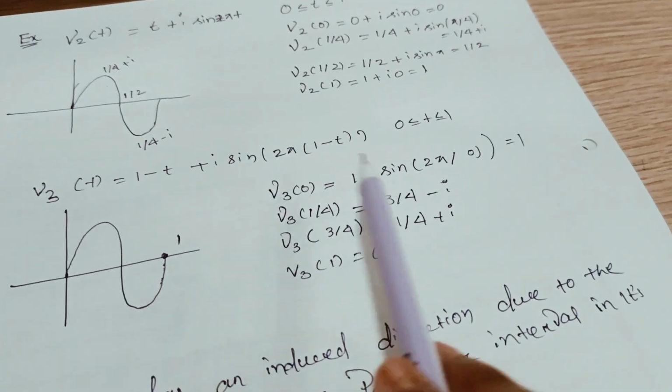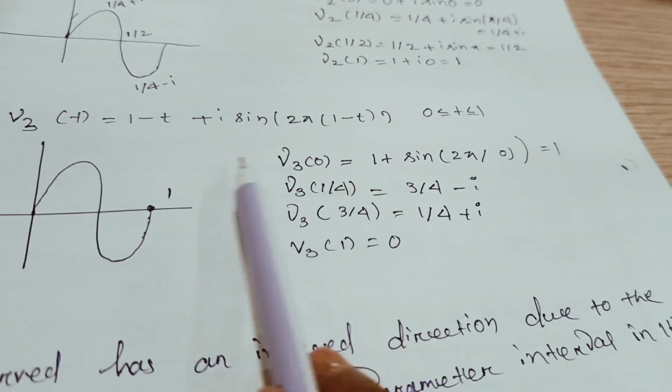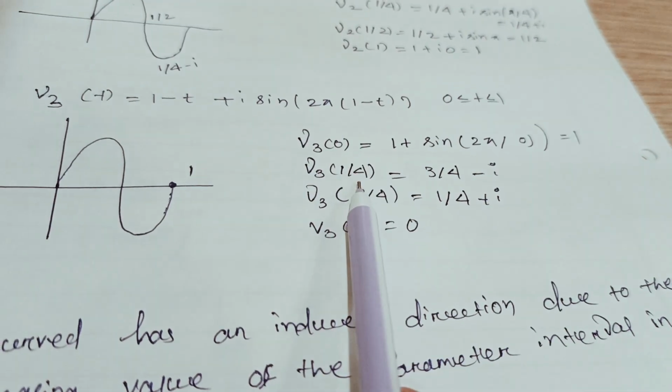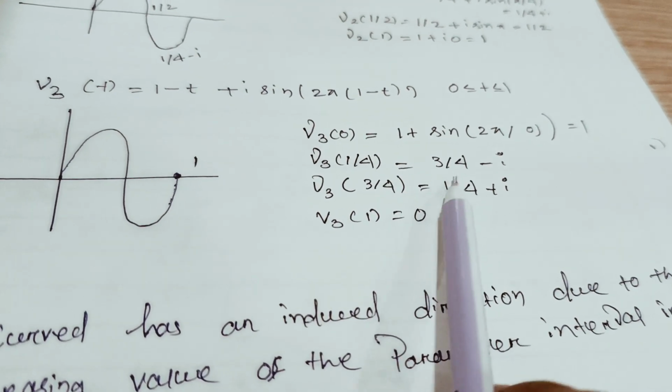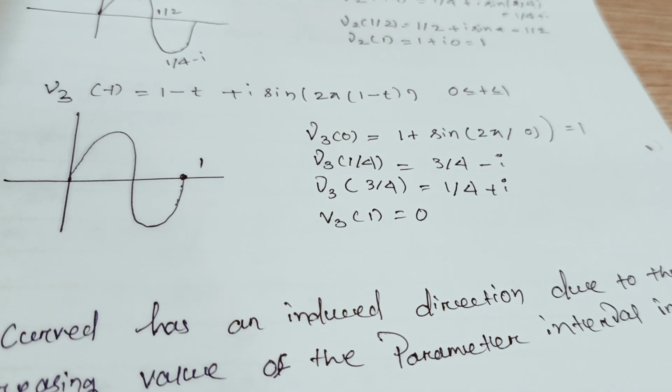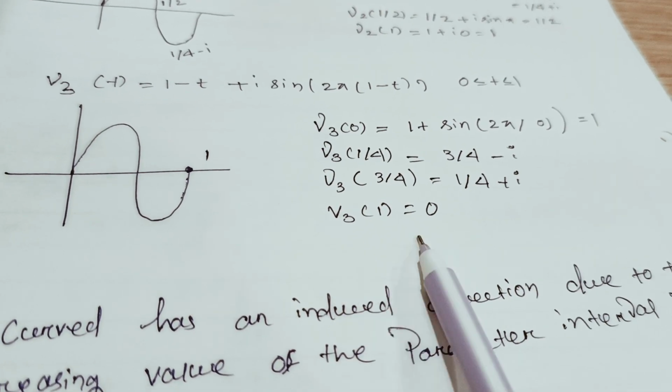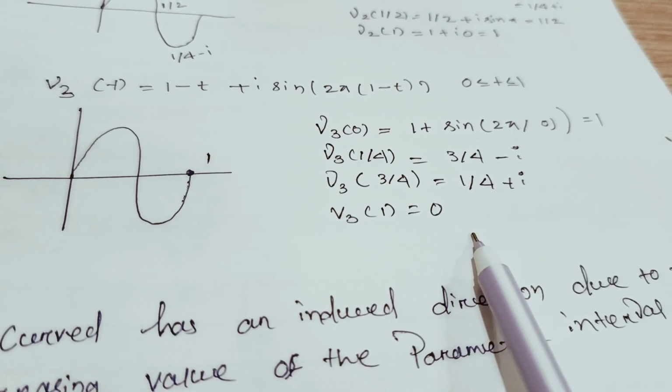In this manner gamma_3(0) equals 1 plus i sin 2π·0, which equals 1, and gamma_3(1/4) equals 3/4 minus i. Then gamma_3(3/4) equals 1/4 plus i. In this way gamma_3(1) equals 0.